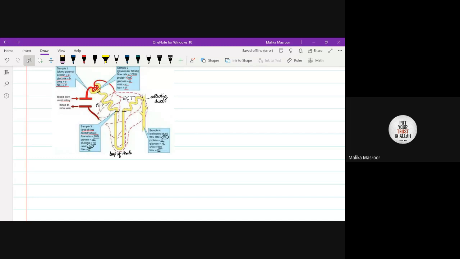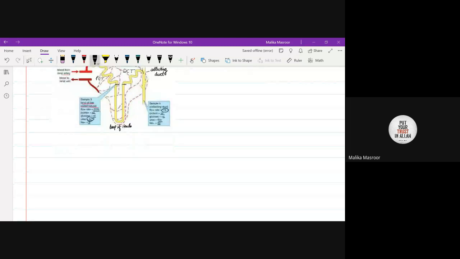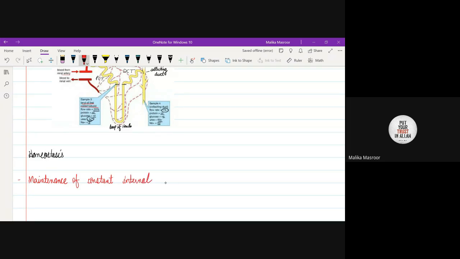Great. Now let's talk about homeostasis. It is the maintenance of a constant internal environment despite the changes in the external environment.